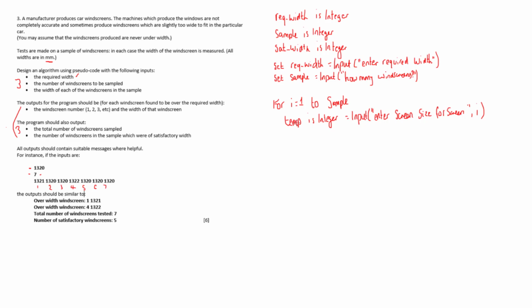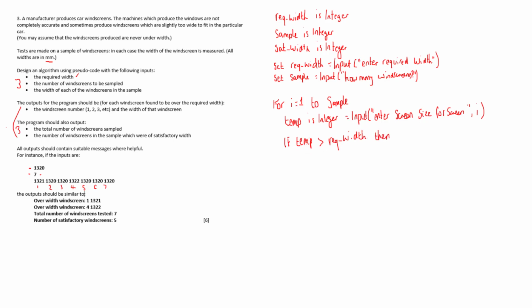Okay. Now I've got the actual input for the first one, which is 1321. I need to check if that is out of the width. So I can do that by saying if the thing that's just been entered is greater than my required width, which I entered before, what does that tell you?